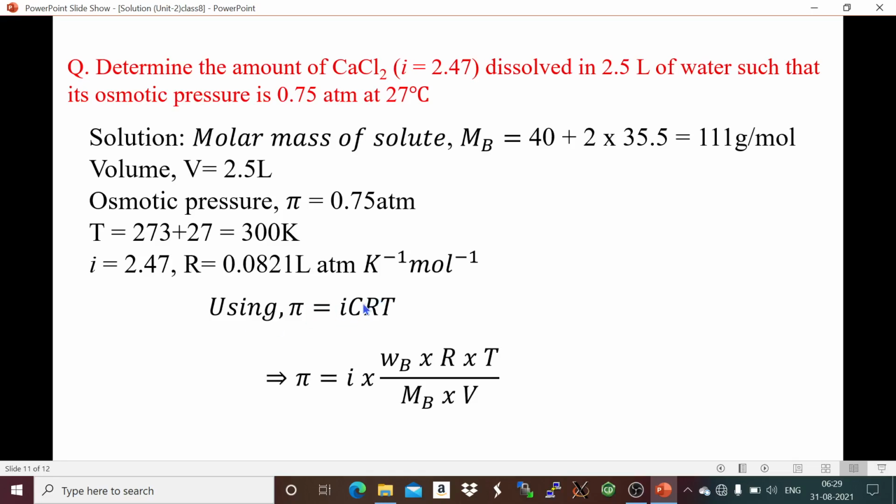C means concentration in molarity. Concentration in molarity means number of moles divided by volume in liter. Number of moles means mass by molar mass, volume in liter, RT already there.